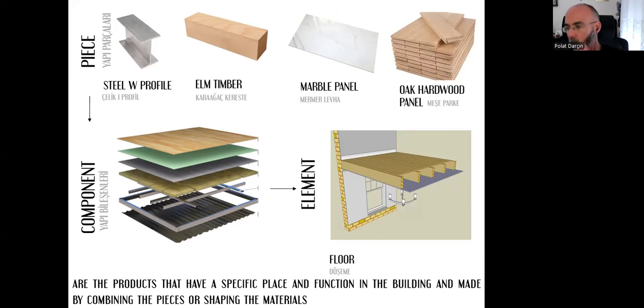So a floor will function to create the living area, a horizontal surface where people, furniture, and users can stand on, and that surface will carry their loads, their weights, and that horizontal surface will divide different living areas.